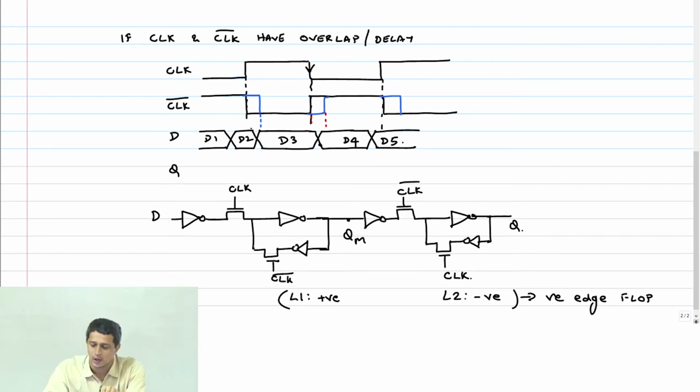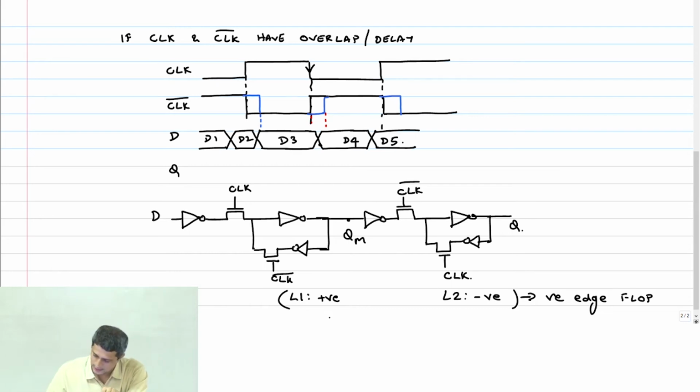What is shown in the arrow here is a sampling edge. Correct. At the sampling edge, it should sample. What should happen if the data changes on the non-sampling edge? Should be ignored, right? Data should not go through. That's the intent. So that's what we want to see, and we want to understand what happens here.